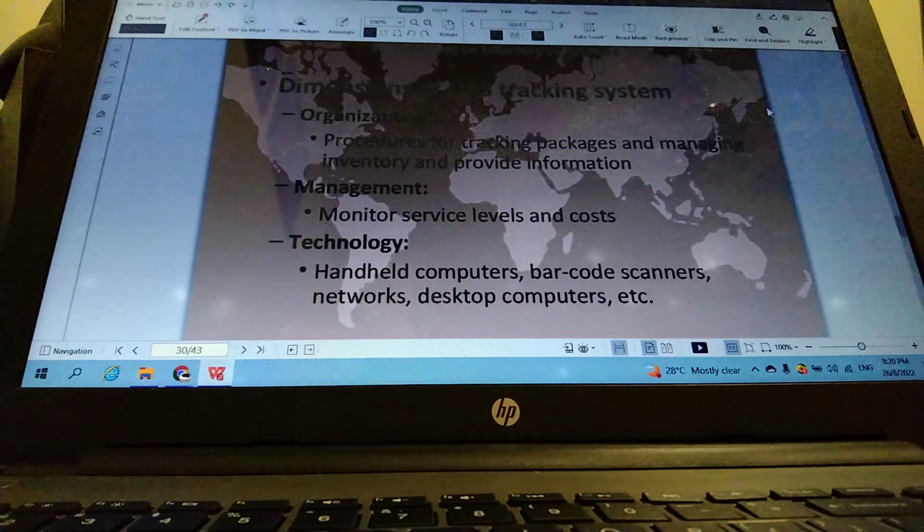Moving on, looking at the UPS tracking system, in terms of organization, what UPS is basically is a global logistics company for sending and delivering packages. So this particular company will have procedures, or what we call SOPs, standard operating procedures, or best practices for tracking packages, managing inventory and providing information.